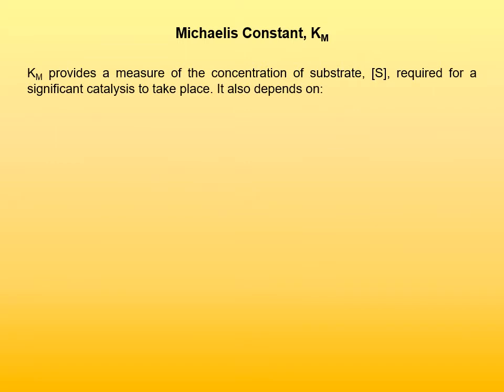Now, the Michaelis constant, or Km, is a measure of the concentration of substrate S required for significant catalysis to take place. It also depends on the pH of the medium, the temperature, and the ionic strength.